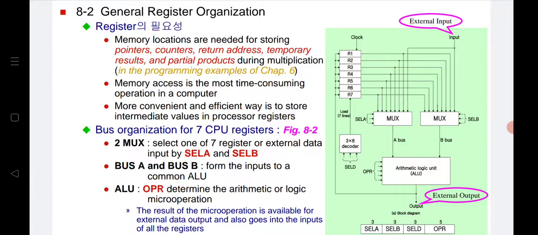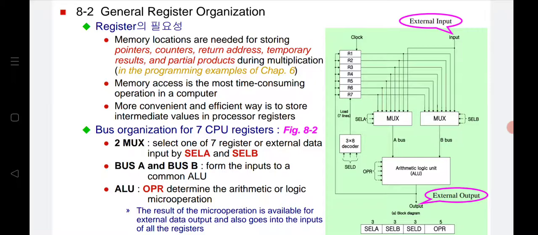So, to reduce the time of operation, we store the data in the registers for manipulation and to speed up the operation of the CPU. So that is the point over here. Memory access is the most time consuming operation in a computer. That is why we always opt for the registers.